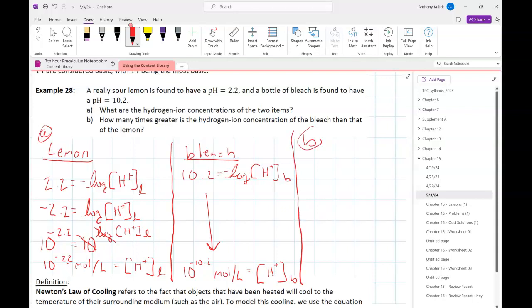Part B says, how many times greater is the hydrogen ion concentration of the bleach than the lemon? This has got to be a typo because the lemon definitely has more ions than the bleach.